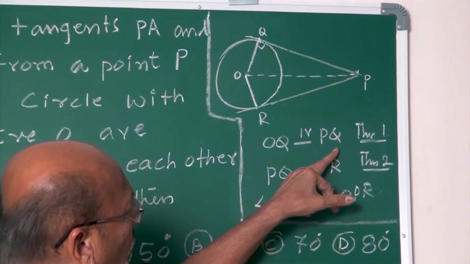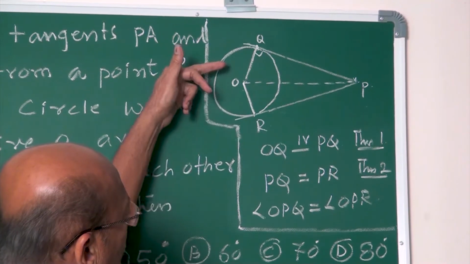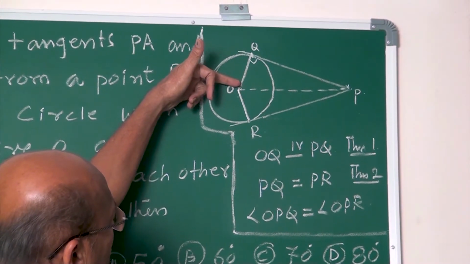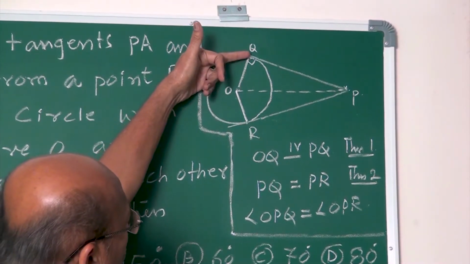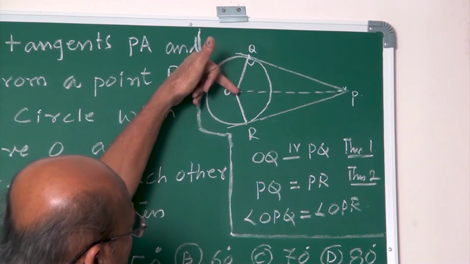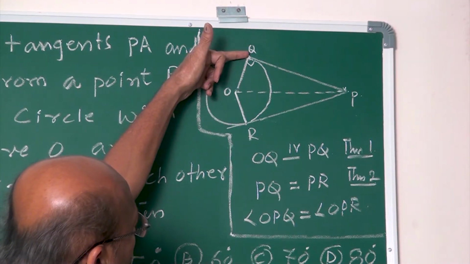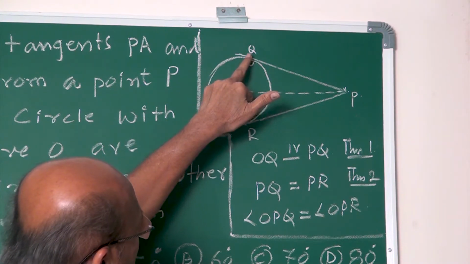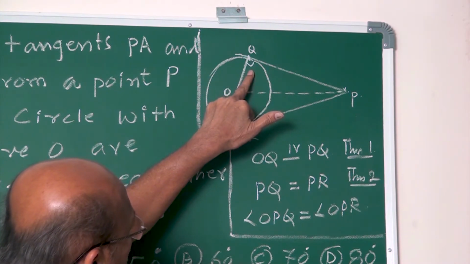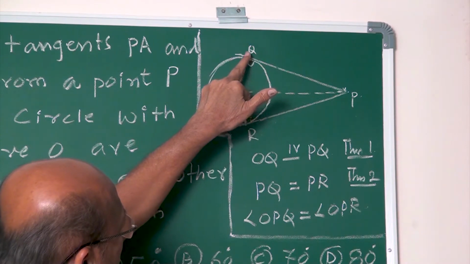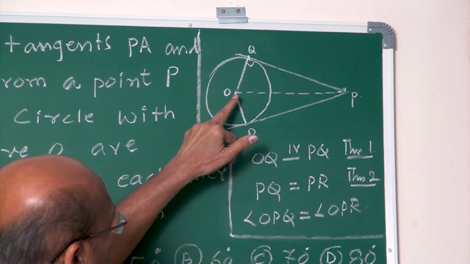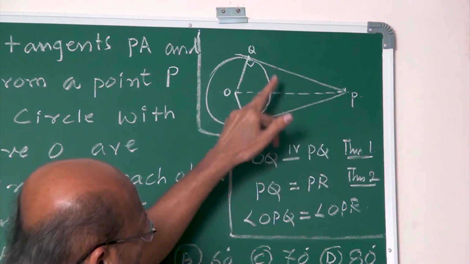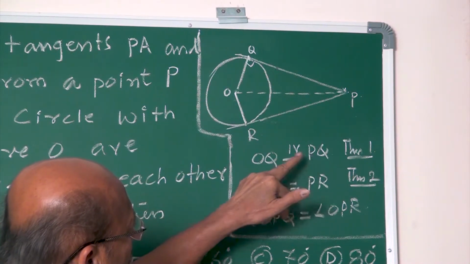What is theorem 1? Radius drawn through the point of contact is perpendicular to the tangent at Q. So in this case, OQ is perpendicular to the tangent PQ.